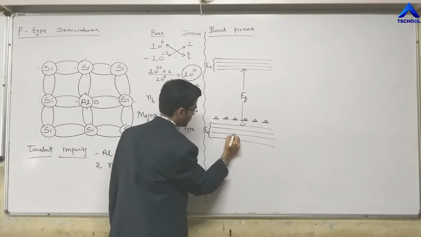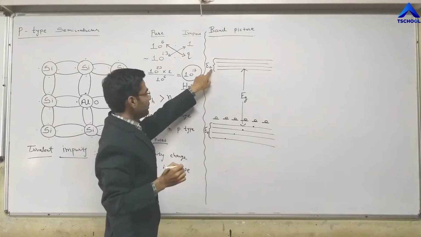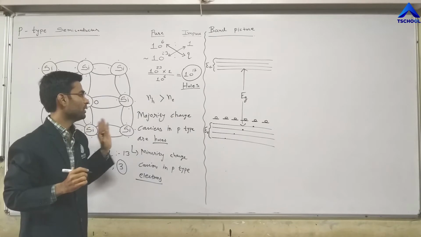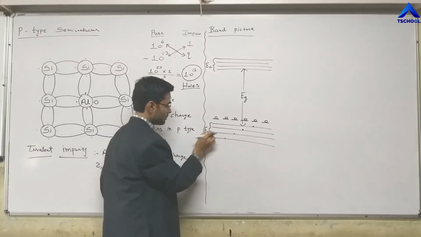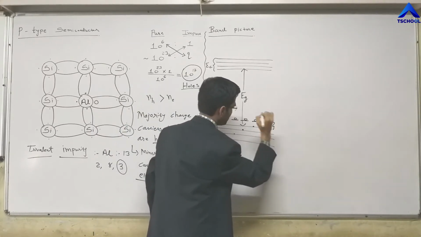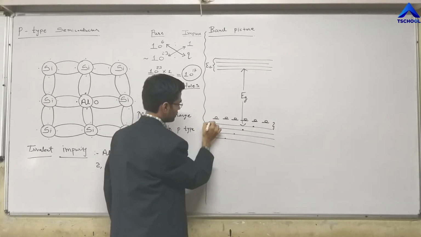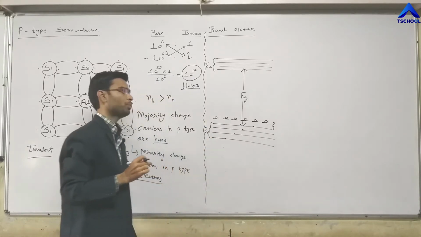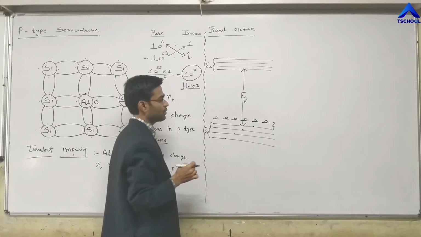In the valence band, the number of electrons is high, and the conduction band is near about completely empty in a p-type semiconductor. Now for the valence band, we know that the energy for silicon is 0.05 eV, and the energy for germanium is 0.01 eV.